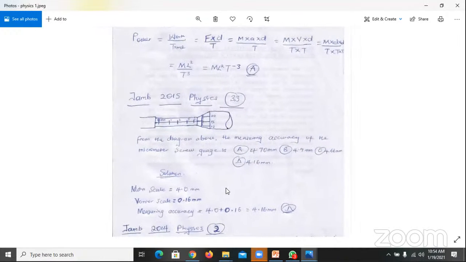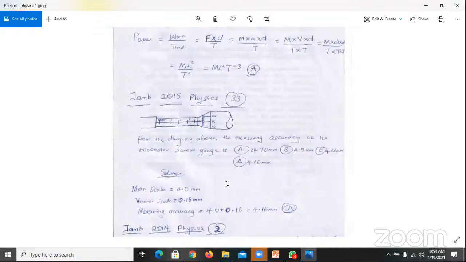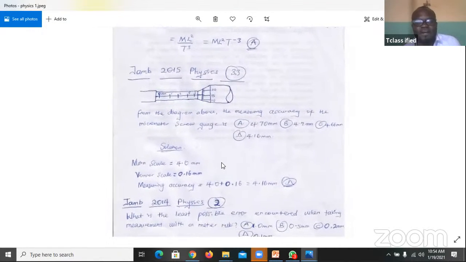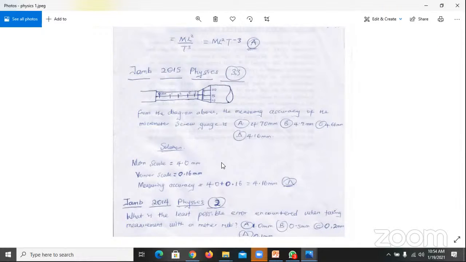Okay, so let's look at taking measurements from the measuring instruments. So we're going to look at taking a measurement from a micrometer screw gauge and taking one from a Vernier caliper. Are we clear on this? Yes, sir. Good.